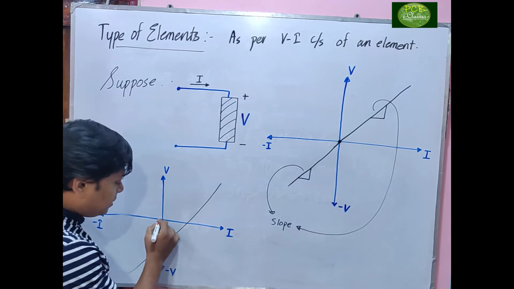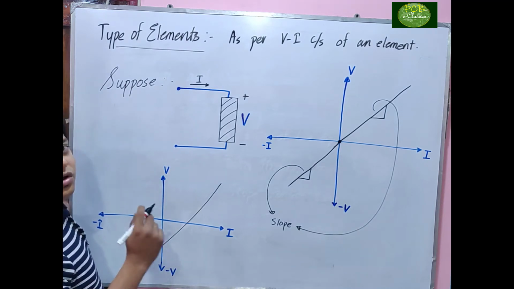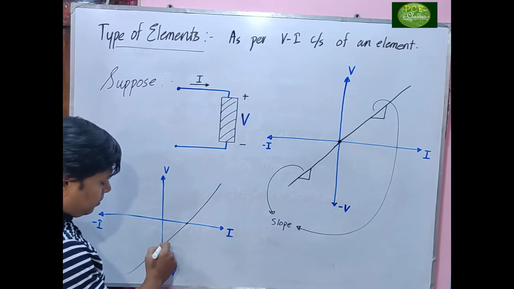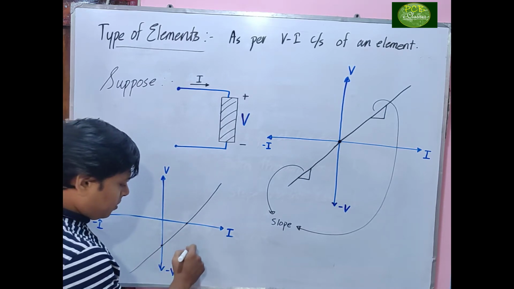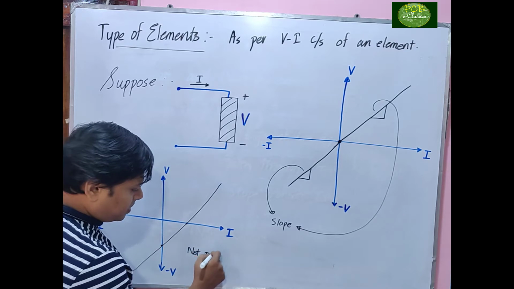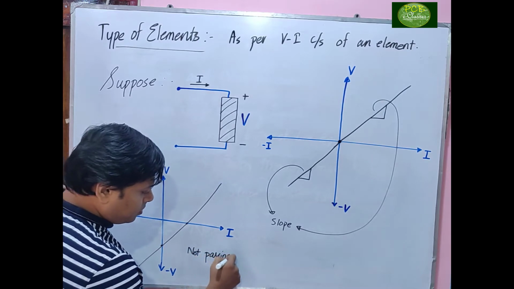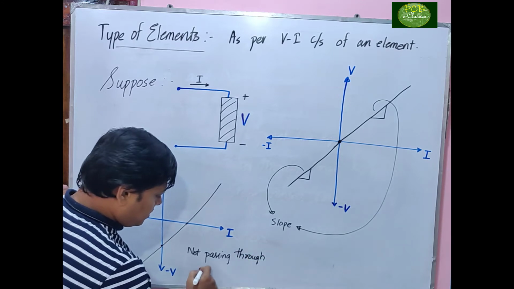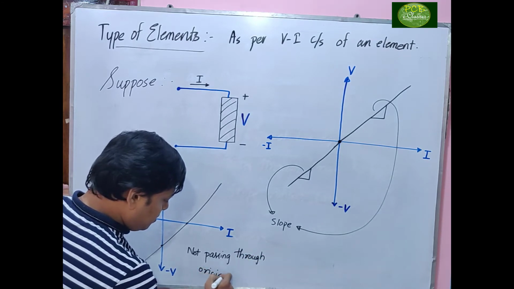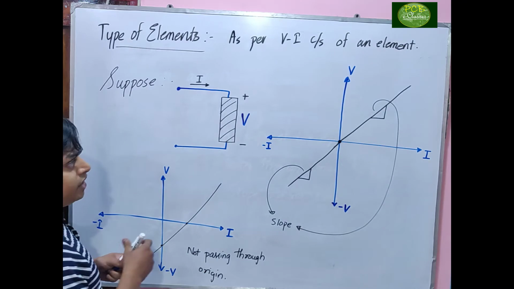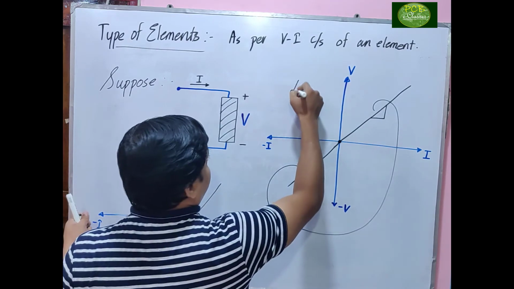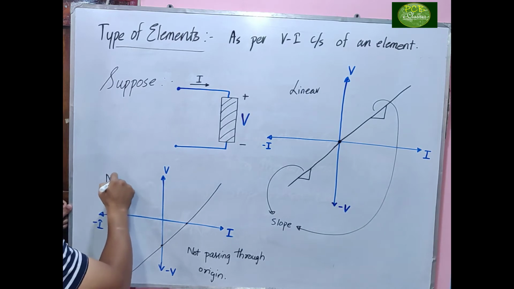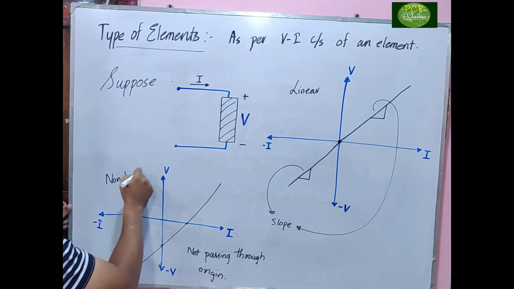But is it passing through origin? No, it is not passing through origin. Thus, this will be linear and this will be non-linear in nature.